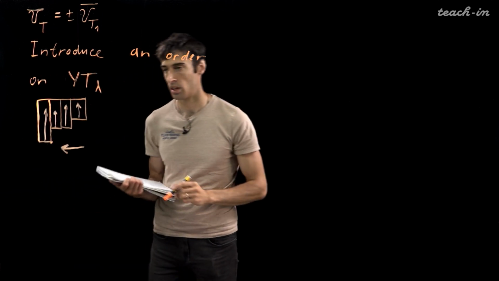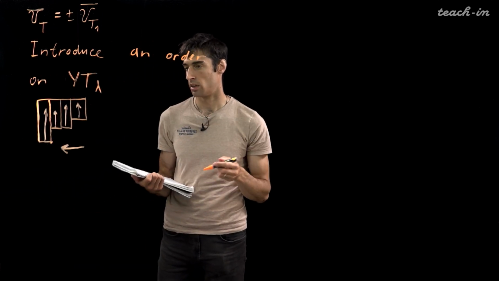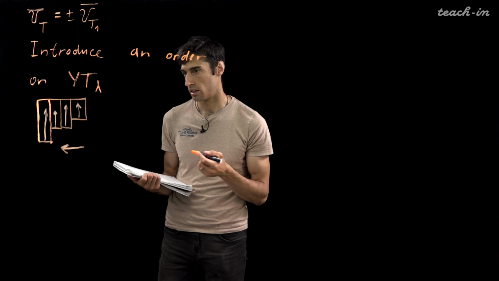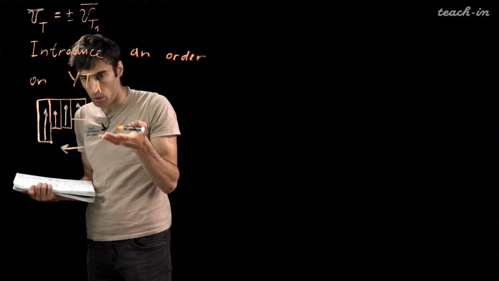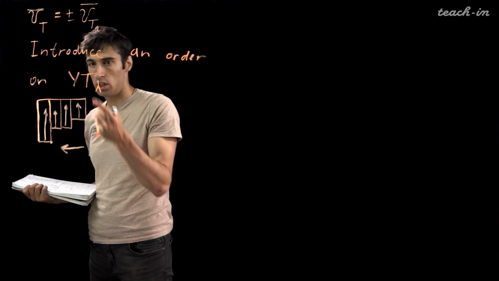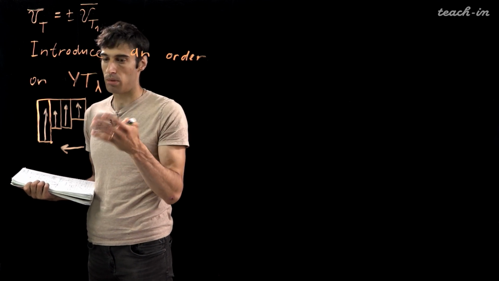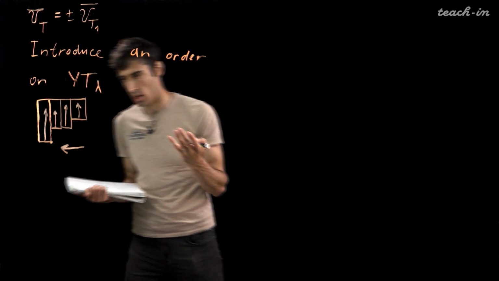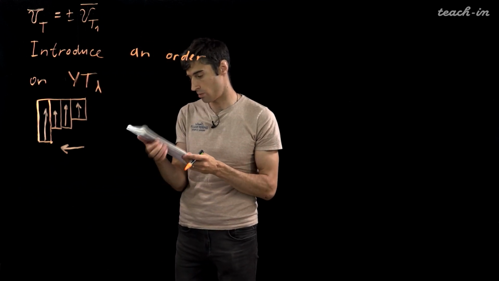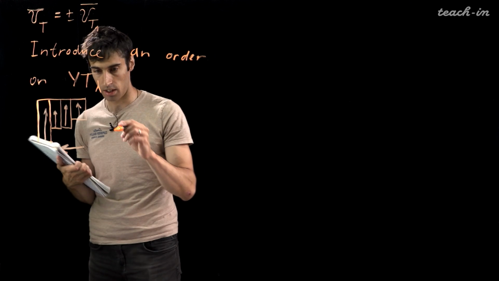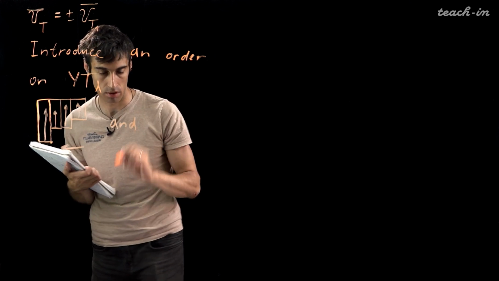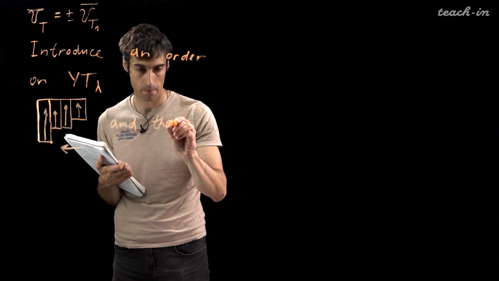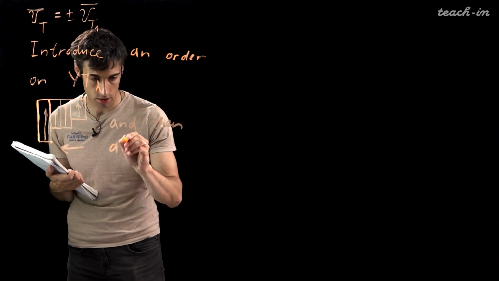Once I have ordered them, each Young tableau corresponds to a tuple of numbers, and these tuples I can order in alphabetic order.